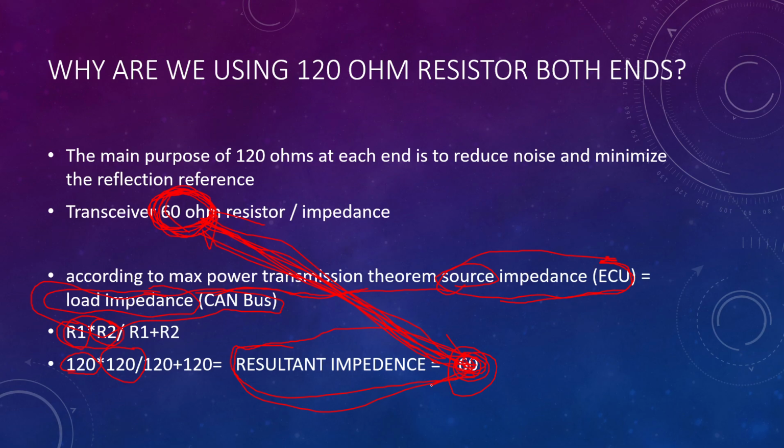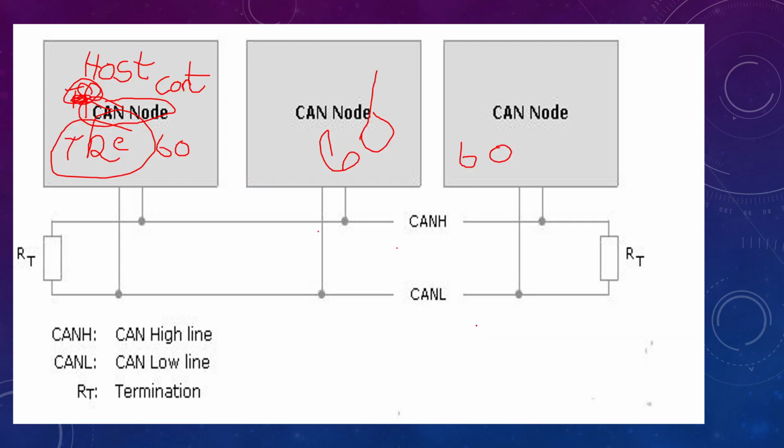See here, I said that every node has three subparts. One is a host, the second is a controller, and the third is a transceiver. So what is the key role of the host?